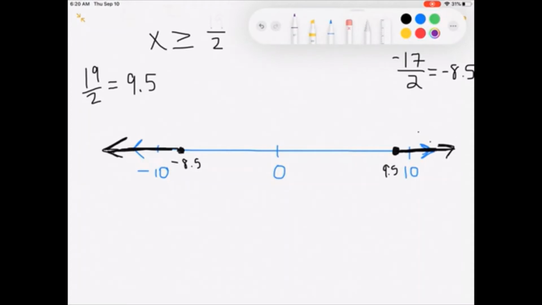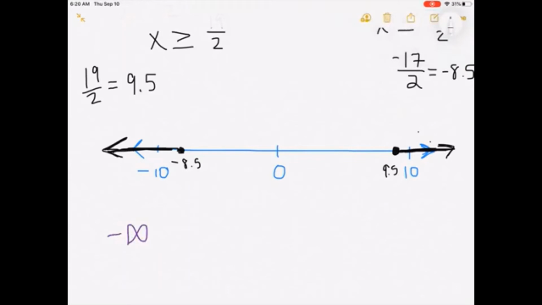So on one end, I know that x goes down to negative infinity, on this left side of my number line. So I know it goes down to negative infinity, and it comes up to negative 8.5.